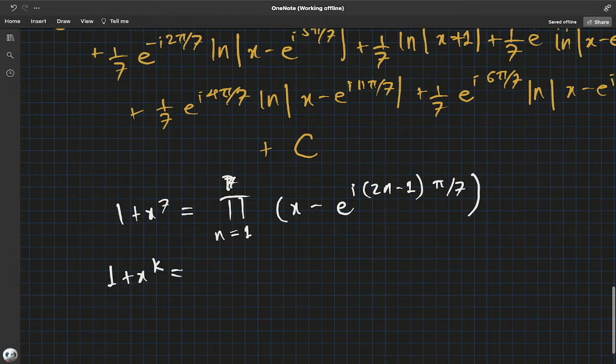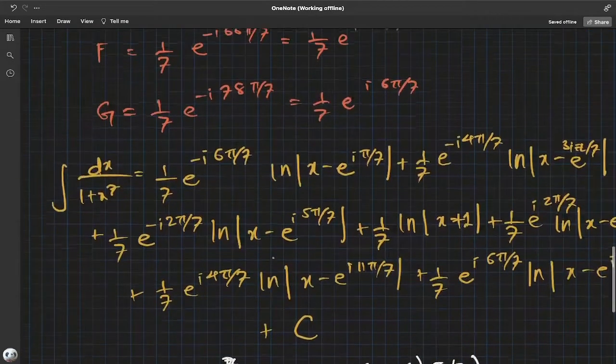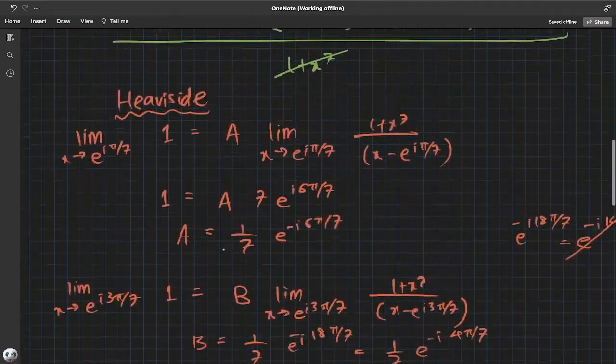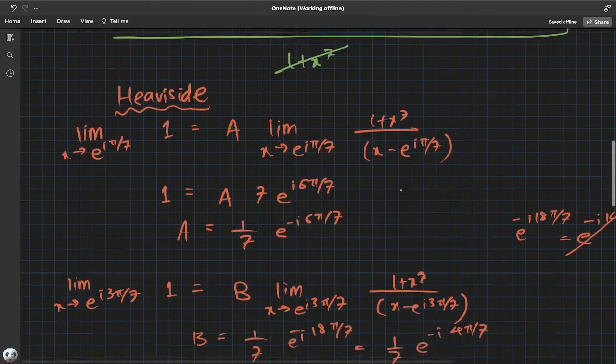So if we had something like a k, all we do is replace appropriate things: x minus e to the I, 2n minus 1 pi over k. And then if we want to generate these factors of partial fraction decomposition, remember what we did? We took the derivative.